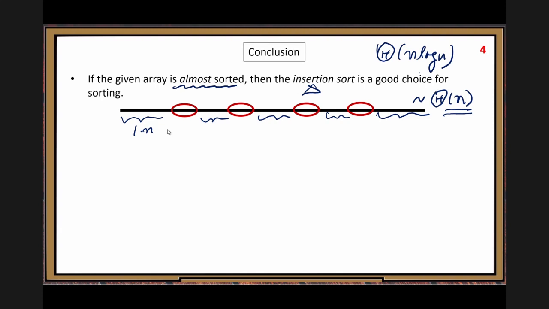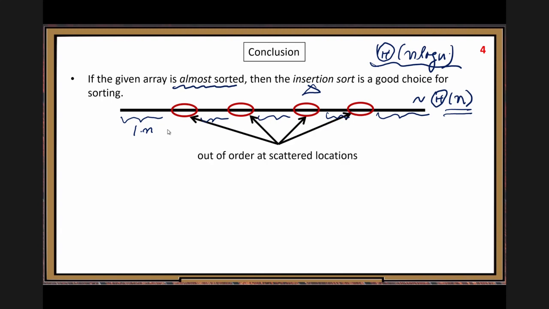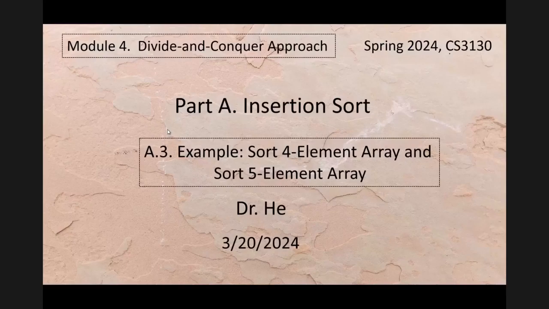So for a general arbitrary given array, we will choose one of the big theta of n log n sorts. So that's the conclusion here.